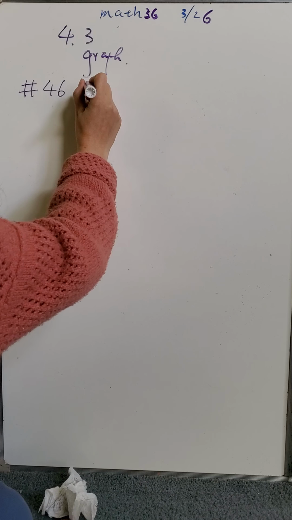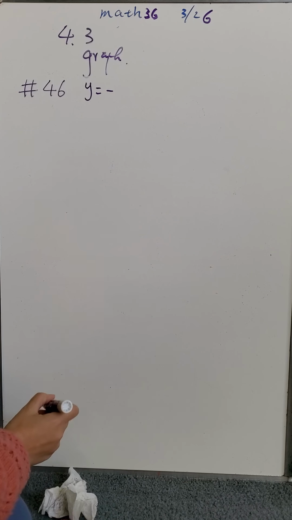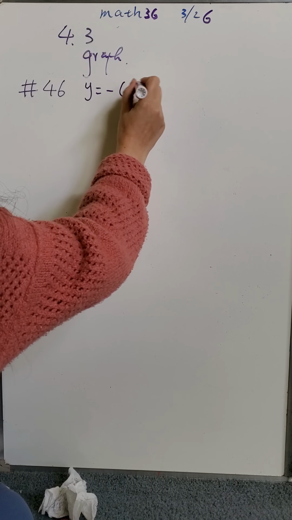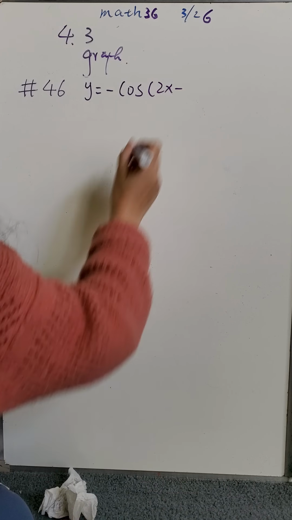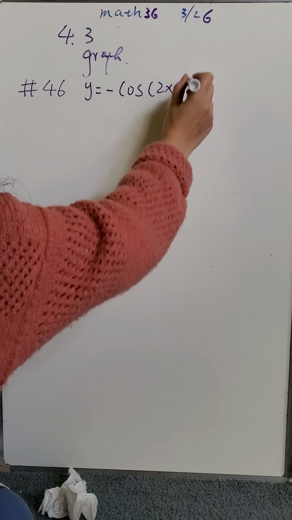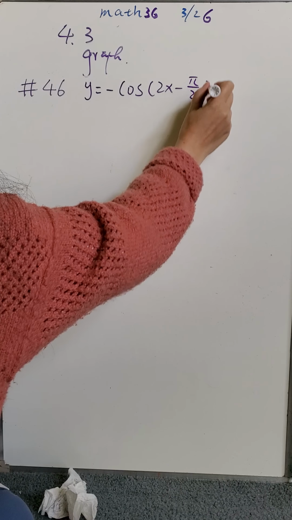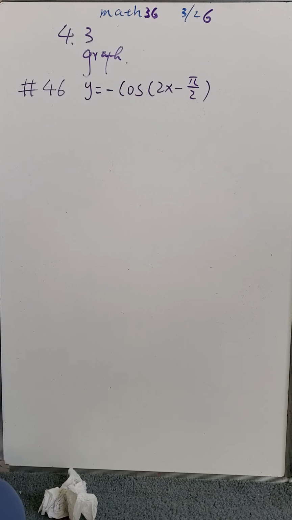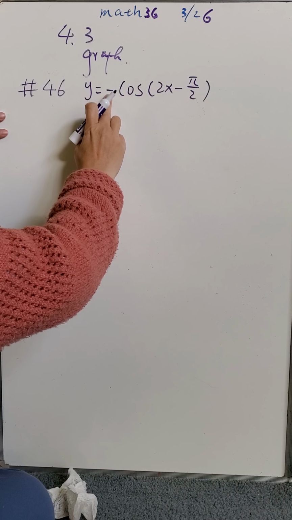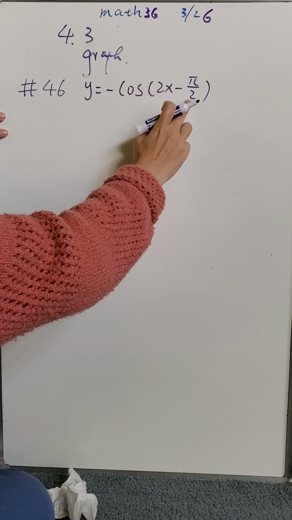We are going to graph y equals negative cosine of 2x minus pi over 2. Well, look at this one. There's a reflection, there's a B here, there's a phase shift.